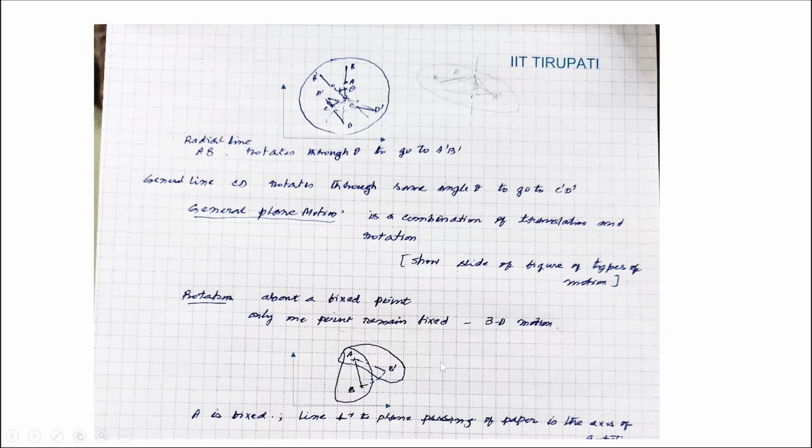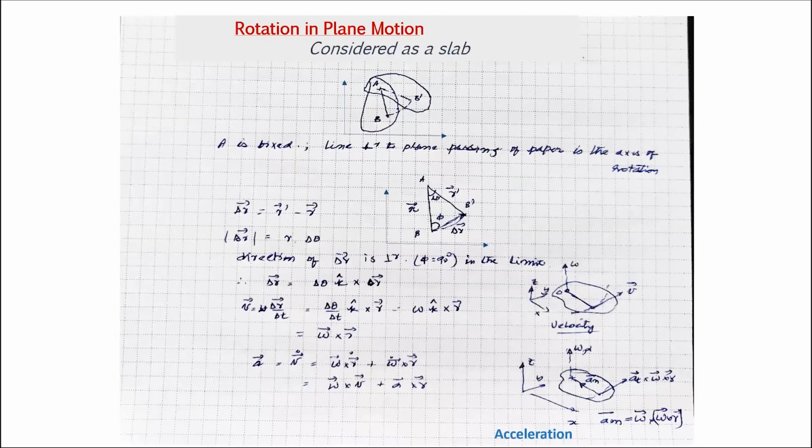We have done this a lot while doing the particle motion, a particle moving around another point, another axis. Here we call it the axis. So here A is fixed, and B is moving in a plane perpendicular to the axis, and obviously passing through the point. So here a little bit of simple vectorial analysis, very simple, is needed.